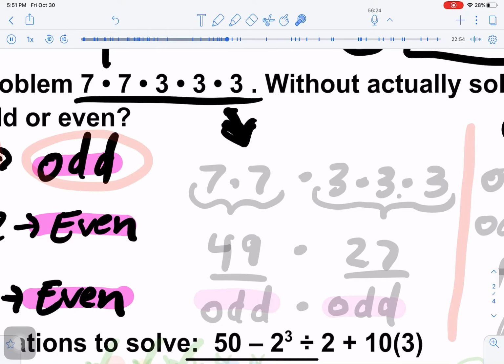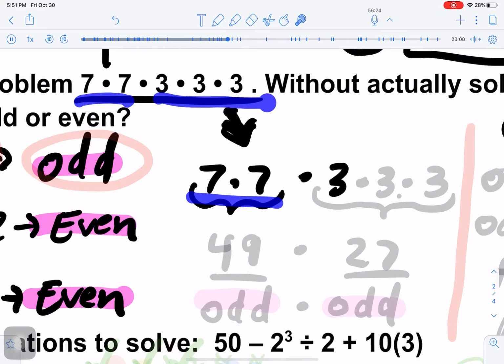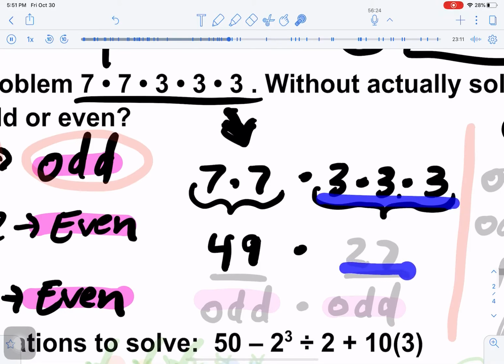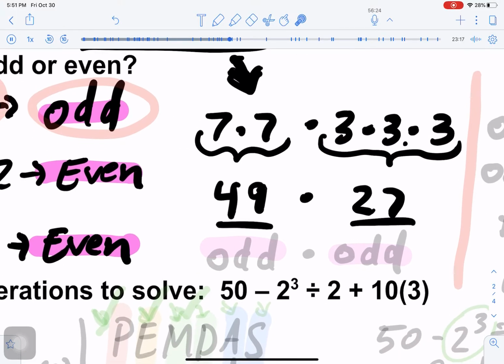So I'm going to do 7 times 7 and see what this gives me, times the product of 3 times 3 times 3 to see what this gives me. I know that 7 times 7 is 49. I also know that 3 times 3 is 9, and 9 times 3 is 27. So here I see that this is an odd number, and this is an odd number.